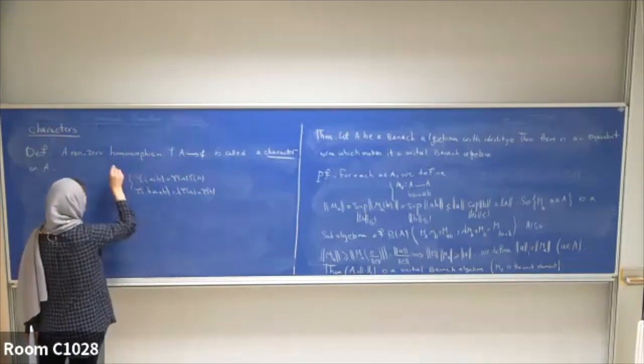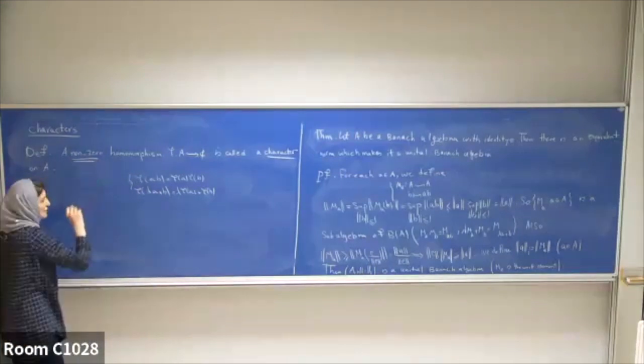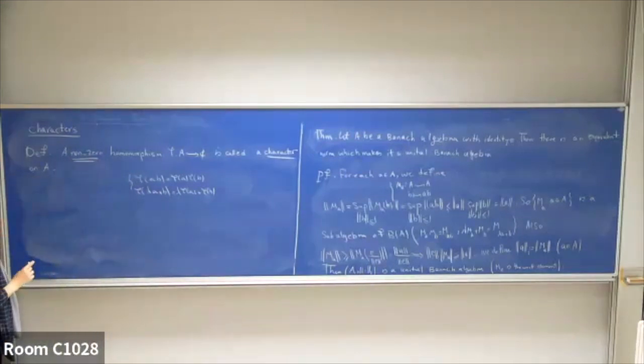But if we consider just non-zero, we exclude the zero homomorphism, it's just a matter of convenience and nothing more. So any character is a non-zero homomorphism from A to C.